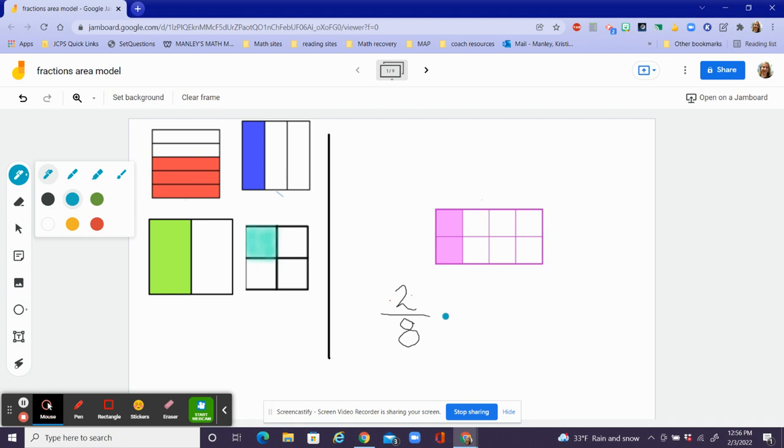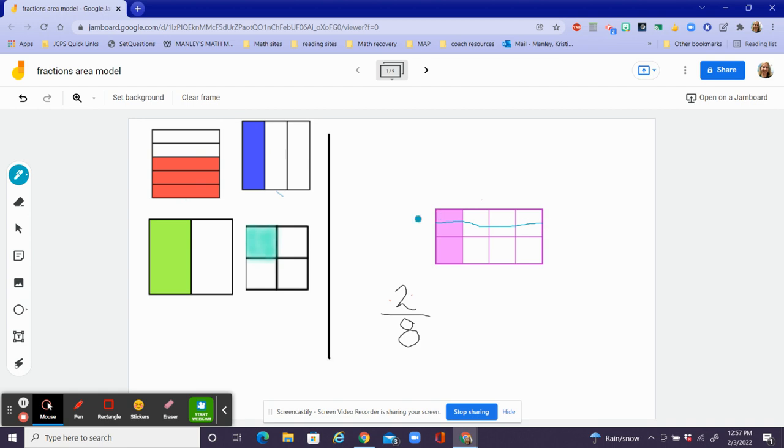But remember, with fractions, our pieces have to also be the same size. That means they have to be equal. I can't just draw one line like this. Hopefully your line is a lot straighter than mine, where I tried to go exactly down the middle.